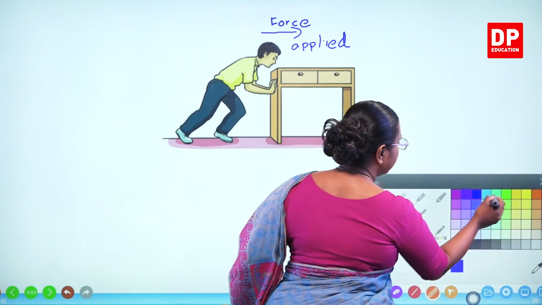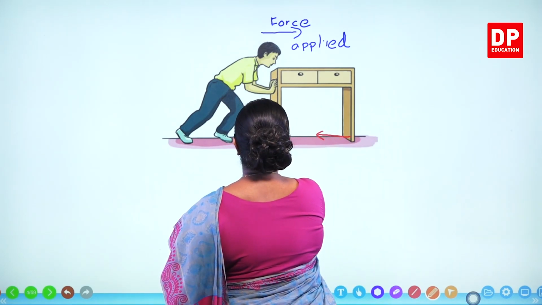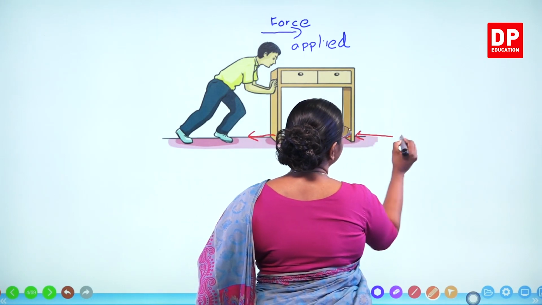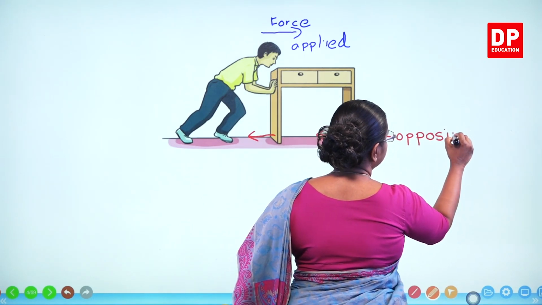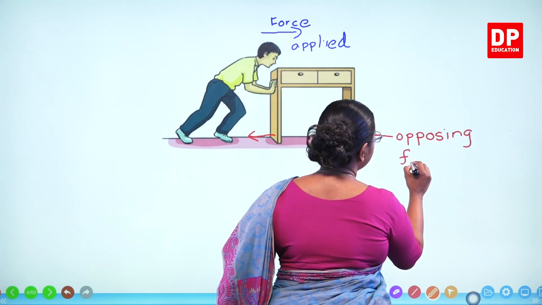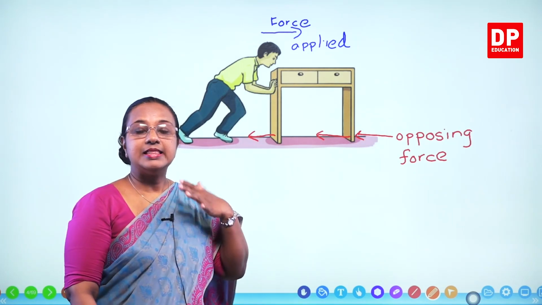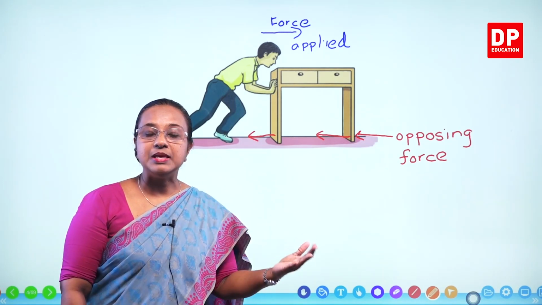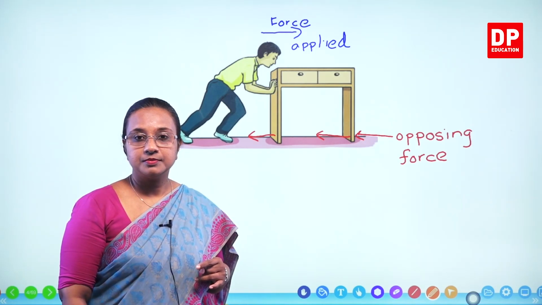So here the floor will exert a force in the opposing direction. The applied force will be balanced by the opposing force.